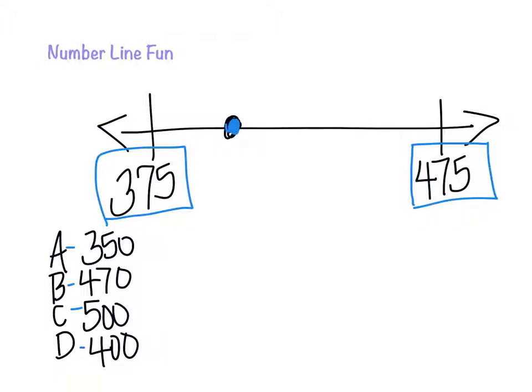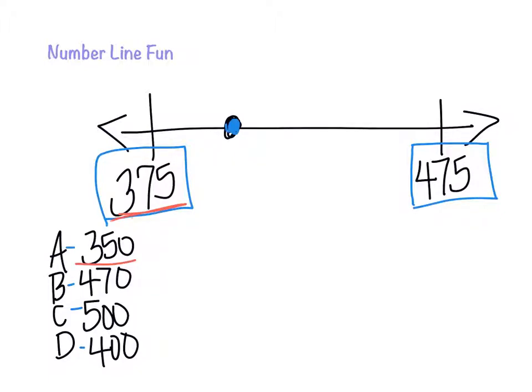Now, what you need to think about is where would these numbers go on this number line? So your strategy that you need to start using is you are going to look at every single answer choice and you're going to plug it in, whether it's inside your number line that they gave you or outside. So let's start doing that. I have this first number, 350.